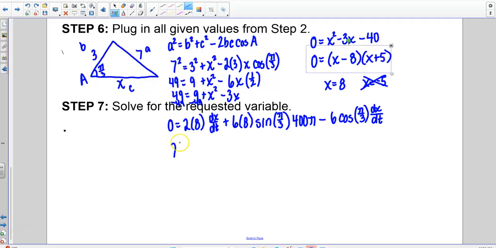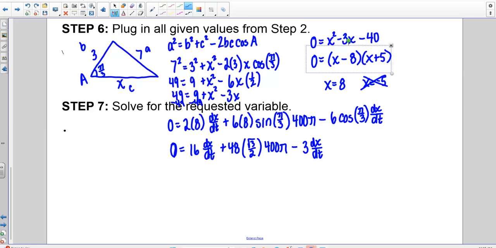So we got 16 dx dt plus 48. Sine of pi over 3 is square root of 3 over 2. And then we got 400 pi minus cosine of pi over 3, we just said was 1/2. So that's going to be negative 3 dx dt.